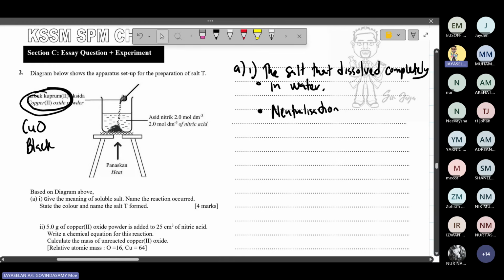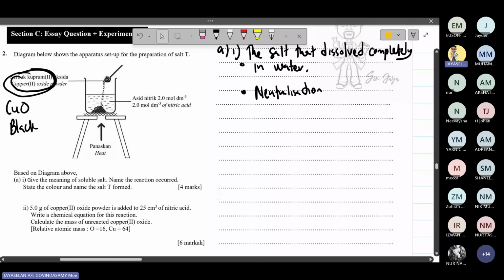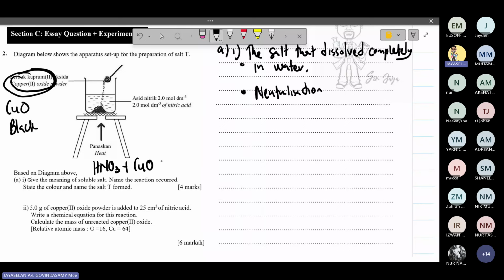They ask: name the salt formed in this reaction. I don't know the name of the salt formed, so what I do here is: nitric acid reacts with copper(II) oxide. I will get, must put in brackets, copper(II) nitrate plus water. Here is two, right? So this is two. Okay, now what is the name of the salt? This one. So how to name the salt?